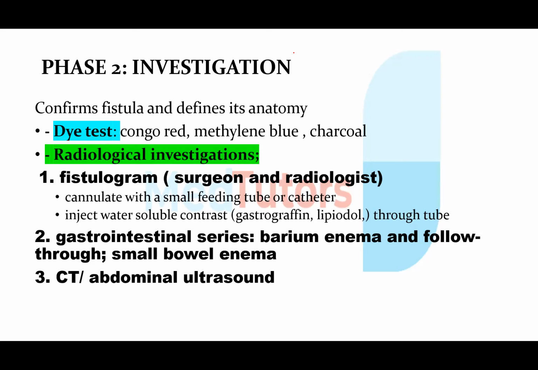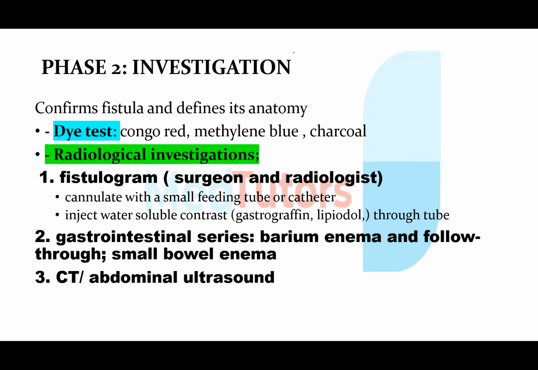Now, there are various radiological investigations that are done. Number 1, fistulography. In fistulography, the surgeon, in conjunction with the radiologist, cannulate the fistulous tract and inject a dye. When a dye is injected, then an X-ray is taken to see the outline of the fistula.